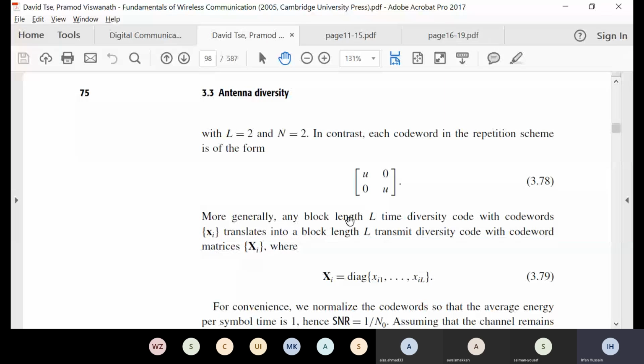So all the codewords will be placed like this: first, second, third, fourth, because you are using the repetition scheme. They will be placed along the diagonal. So the first symbol will be sent here.